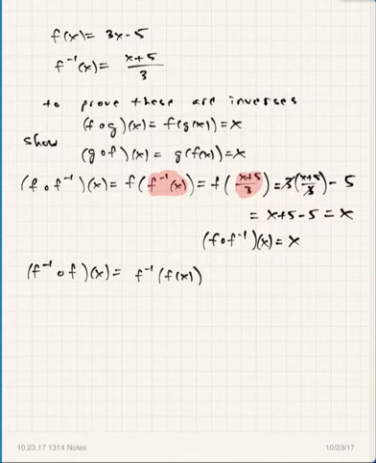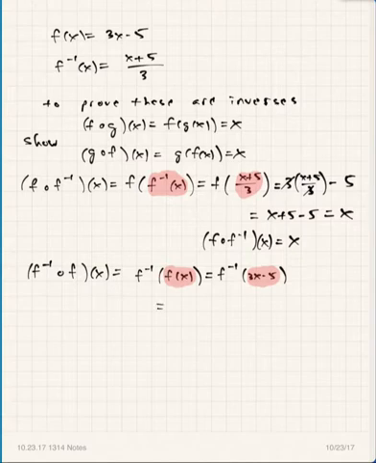So we're looking at f inverse of f of x. So this is f inverse of f, which is 3x minus 5. So here's f right here, 3x minus 5. And now I go to the function f inverse, which is x plus 5 over 3.